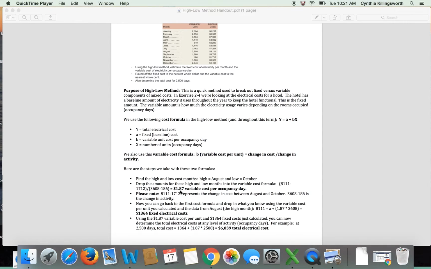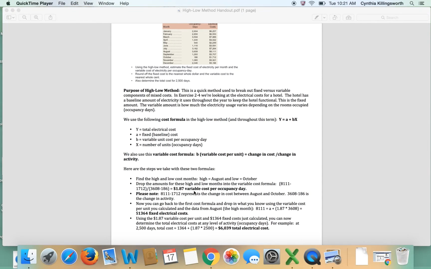And we come up with $1.87 variable cost per occupancy day. And I also showed down here what I was trying to explain, which is this calculation, $8,111 minus $1,712 represents the change in cost between August and October, and then this is the change in activity.